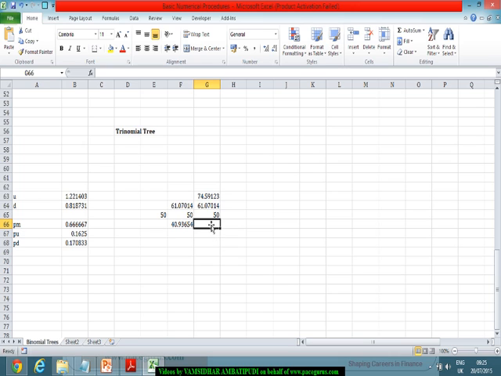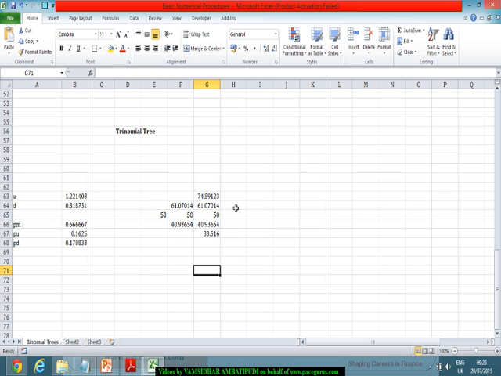Now the same logic again, here it is 50, whereas here it becomes 50 times the down move, so it comes to 40.93, and again here it comes 40.93 times the down move, so it can go here. So this is how the tree can get constructed.